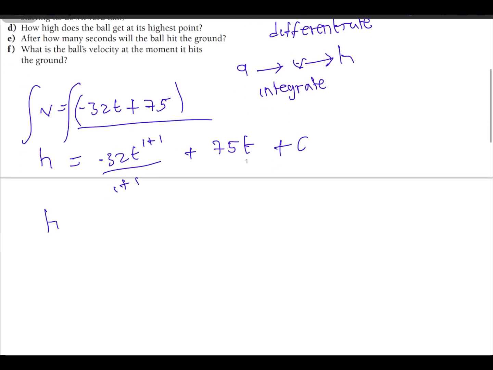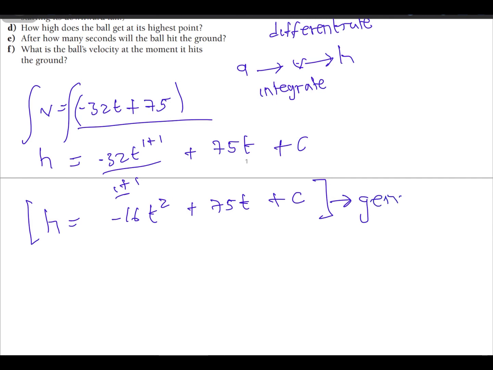So now to simplify it, we have h equal to negative 16, because here will be 2, and then t squared plus 75t plus c. So this is our function, which is a general solution to the question.